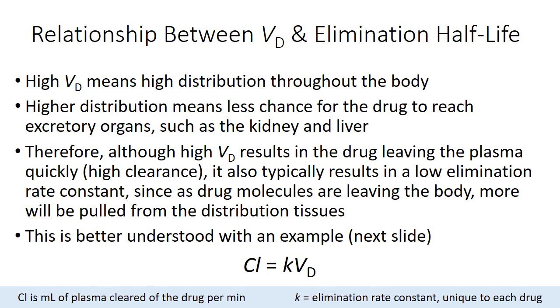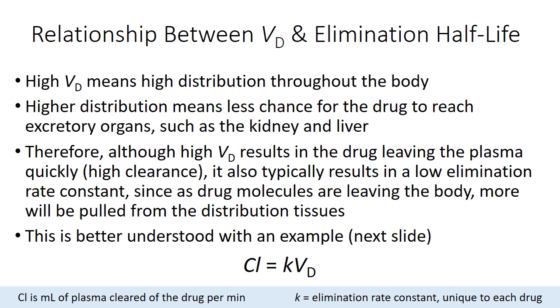Higher distribution means less chance for the drug to reach excretory organs. So if something has a really high VD, it won't have a high enough plasma concentration to get eliminated quickly by the kidney or the liver. Usually drugs that have a high VD have a slower elimination rate, if you're actually measuring the amount leaving the body completely.